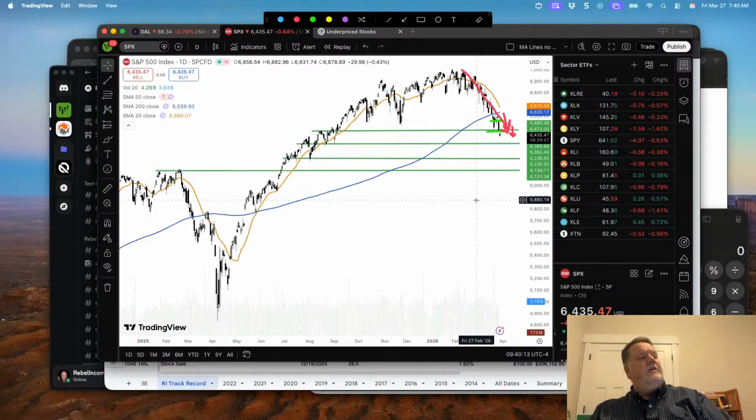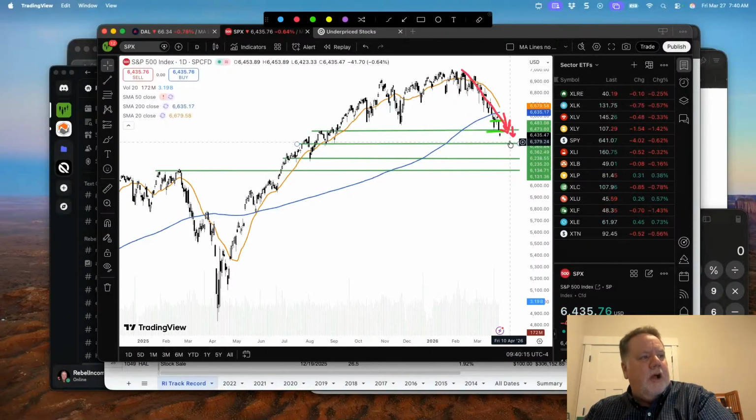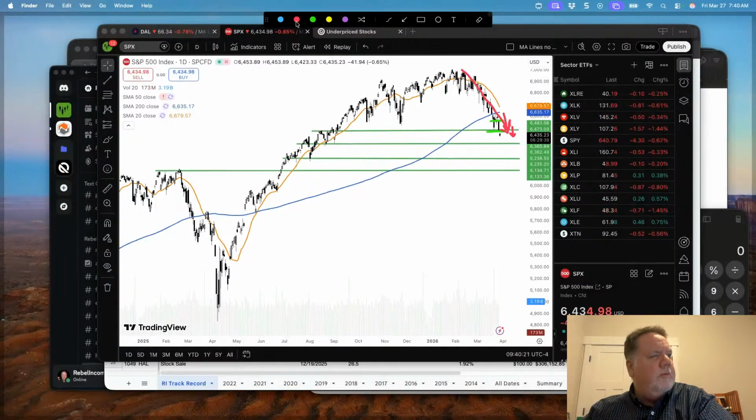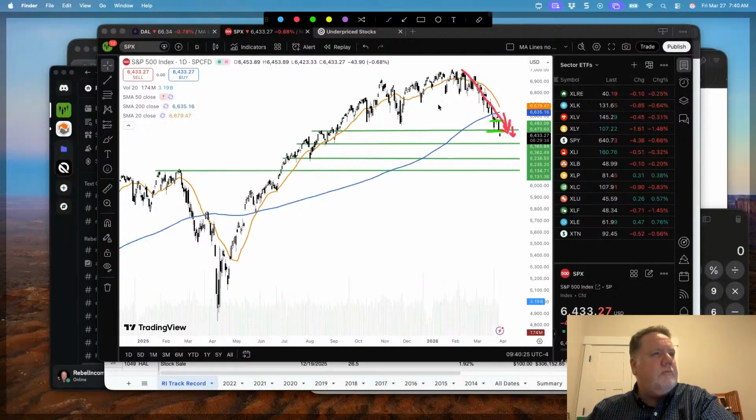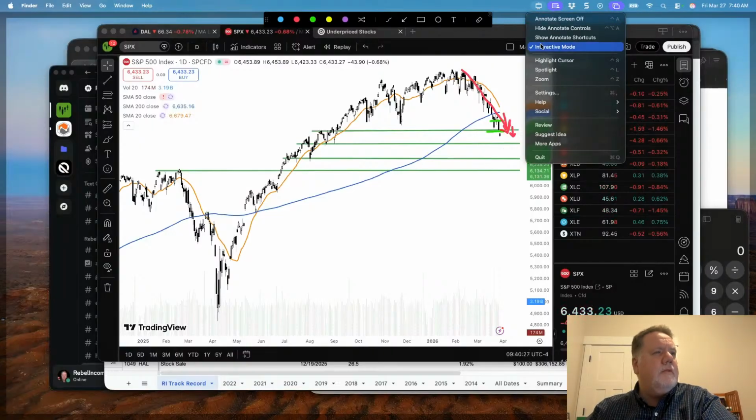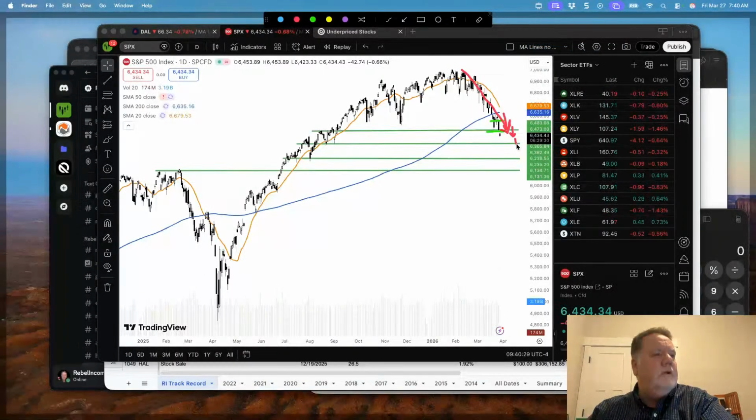And again, a bounce or a break below any of these levels would be something that I would take as a likely indication that this bearish momentum is likely to extend into a longer term time frame.